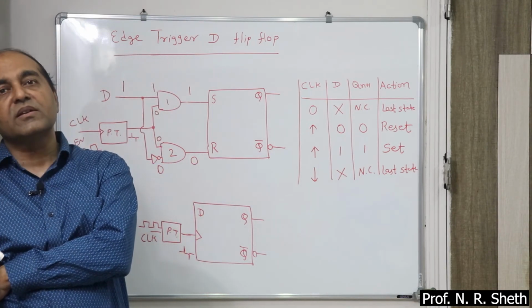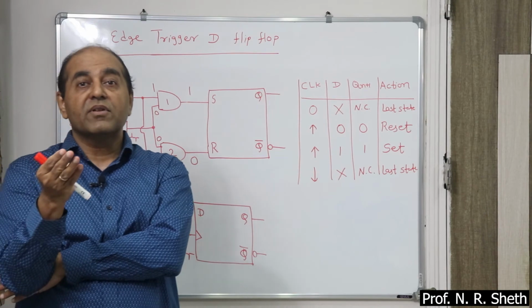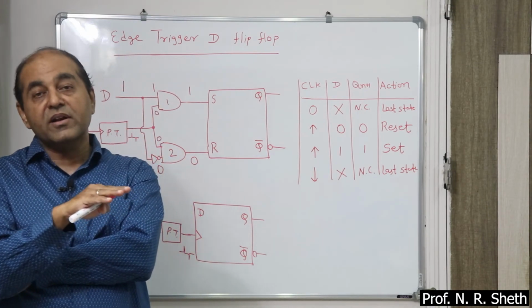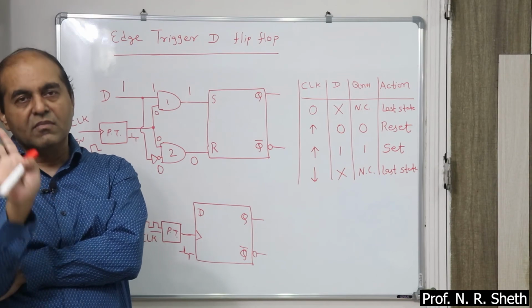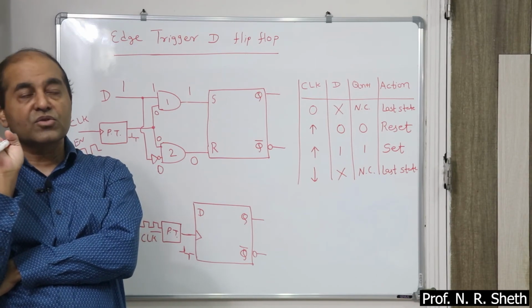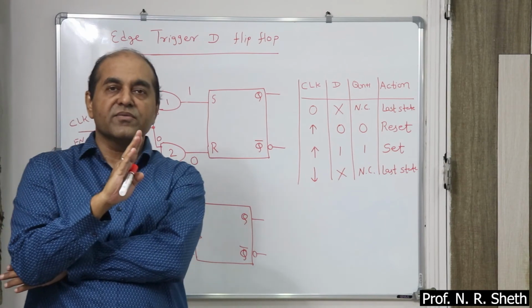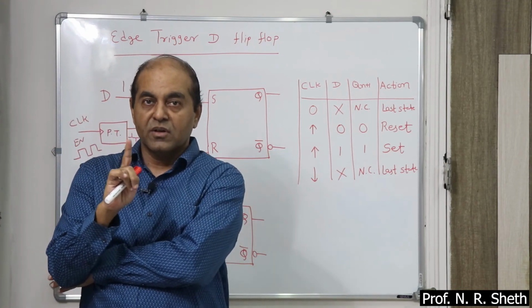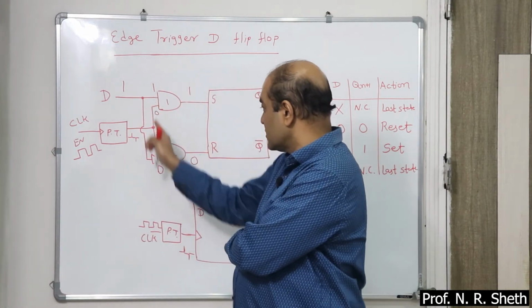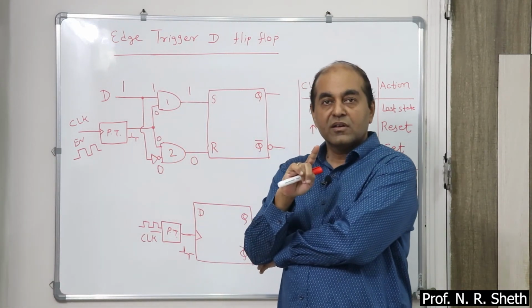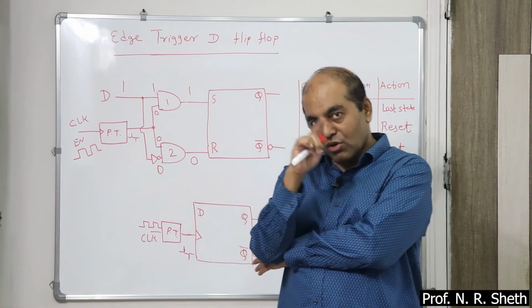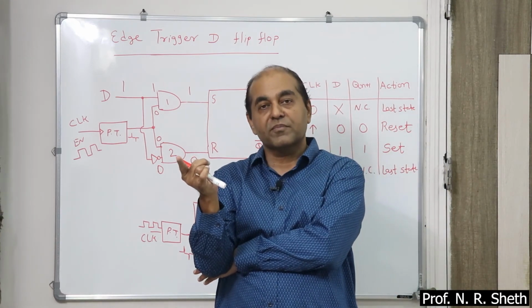So to eliminate this noise signal, we have developed edge triggered RS flip flop. So that problem is eliminated, but forbidden state is there. So to eliminate forbidden state, we have designed a flip flop that has single input. Actually there are 2 inputs, but here a NOT gate is introduced. So D is always opposite to D bar.